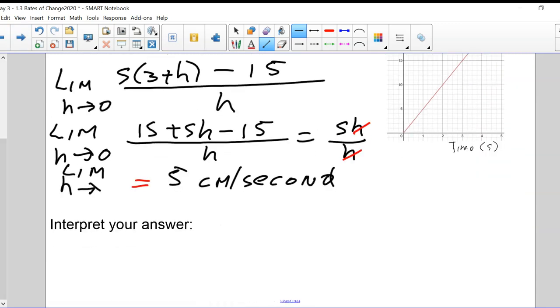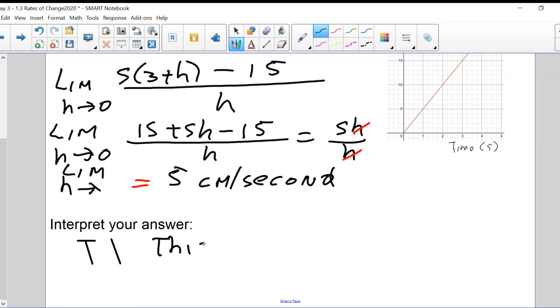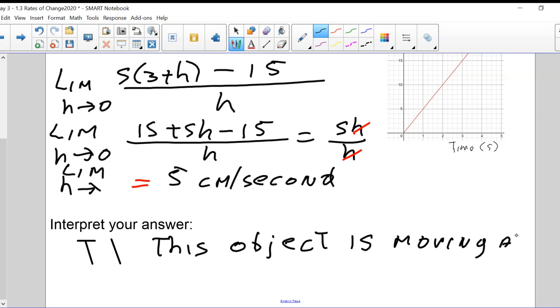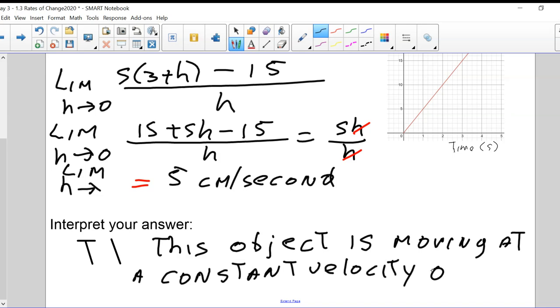It tells you that this object is moving at a constant velocity of 5 centimeters per second, because that's the nature of a straight line. It's neither speeding up nor slowing down.